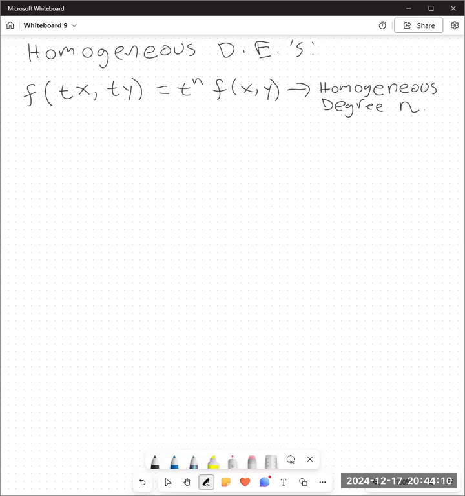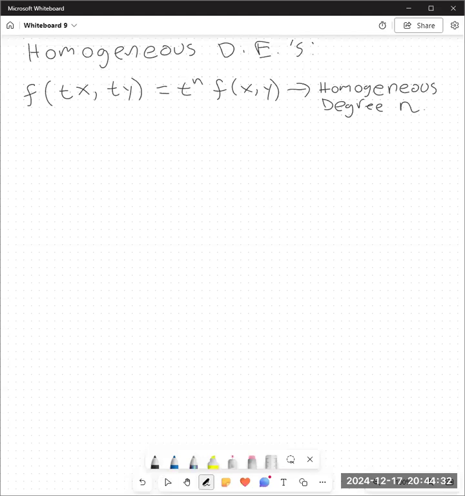and this will be homogeneous of degree n. When we make these substitutions, it's possible that we get any of the kinds of differential equations that we've talked about so far. We've talked about separable, linear, and exact differential equations.